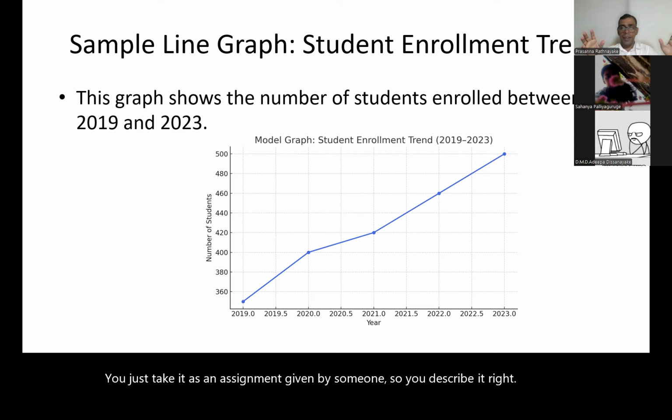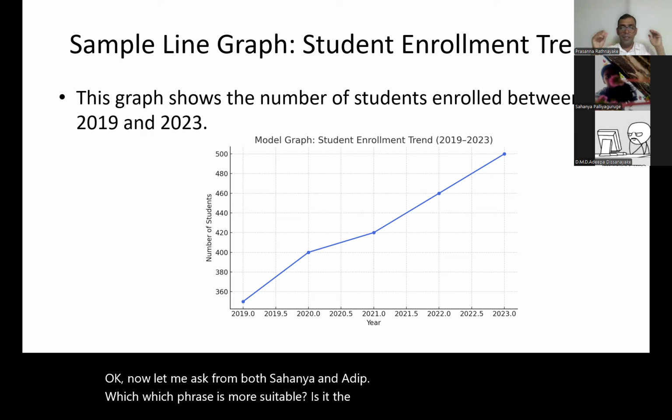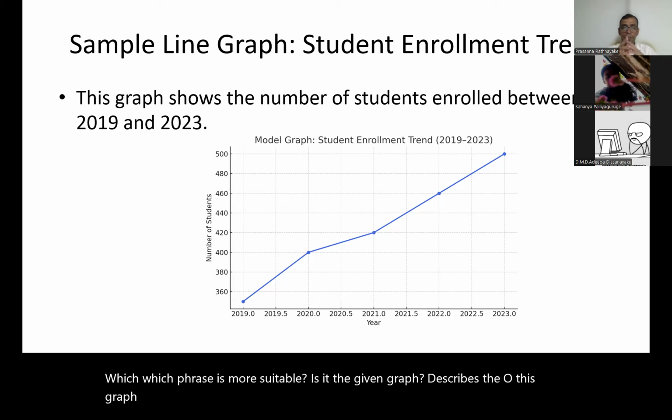Okay. Now let me ask both Sahanya and Adip, which phrase is more suitable? Is it the given graph describes or this graph describes? What is the best form?